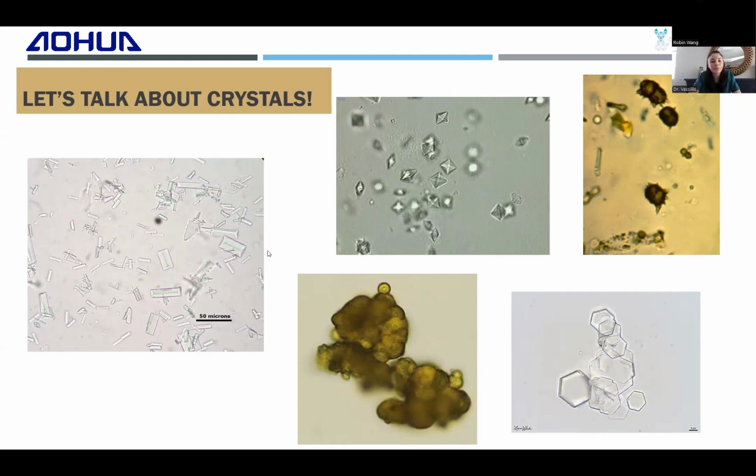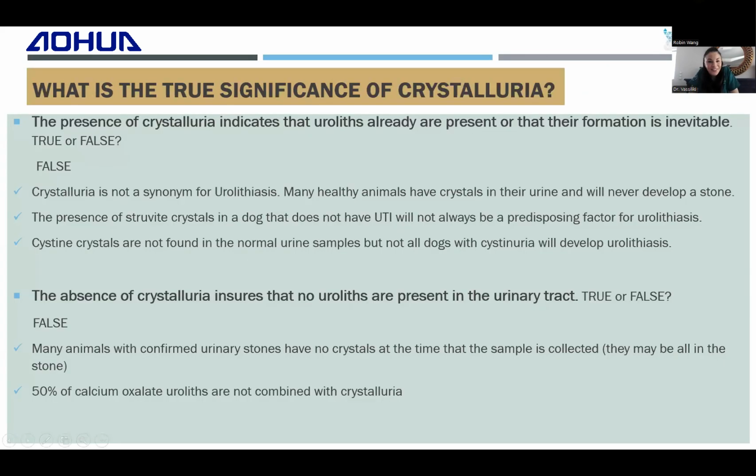Thank you. So let's first talk about crystals and the differentiation from uroliths. We're going to talk about some myths. I should have actually hidden the answer, and we should have made it more interactive in terms of true or false.